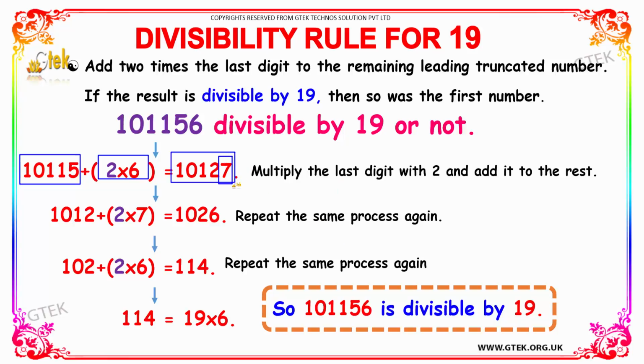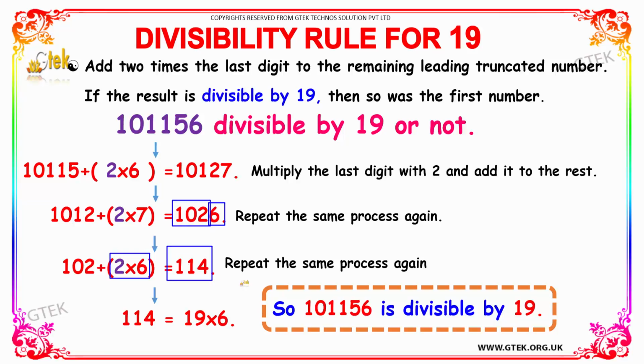Again you have to take your last digit and multiply it by 2, which gives you 14. Add it to the remaining leading truncated number, which gives you 1026. Repeat the same process: take the last digit, multiply it by 2, and add it to the remaining truncated number. That gives you 114.